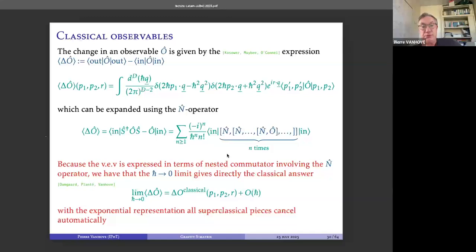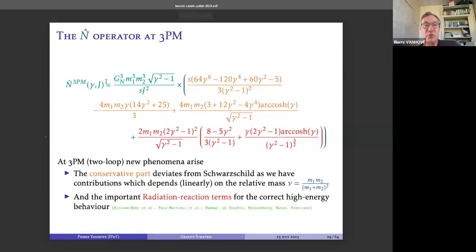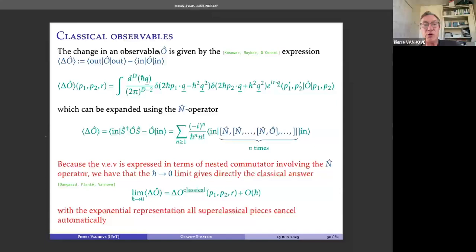Now, once you are equipped with an amplitude technique, you can define things in a generic way. So far I explained how to compute an amplitude, but suppose you have an operator O and you want to compute the classical variation of that operator.